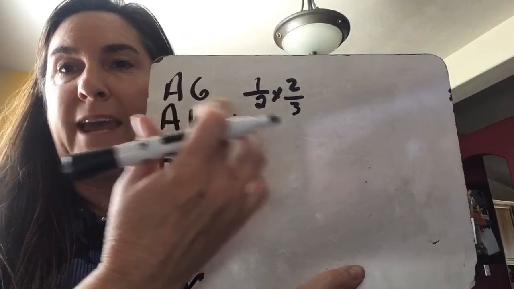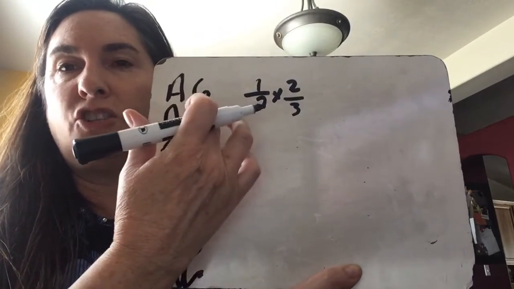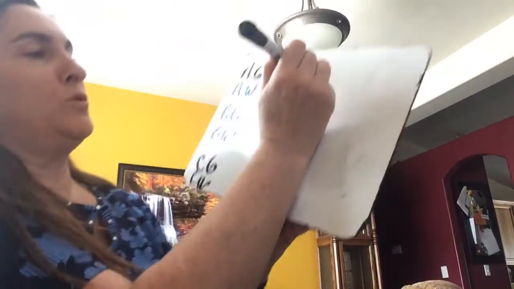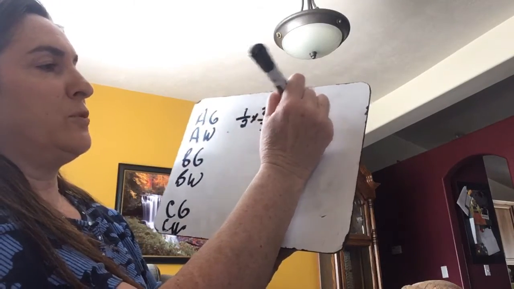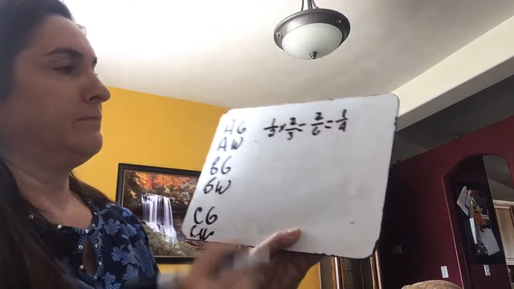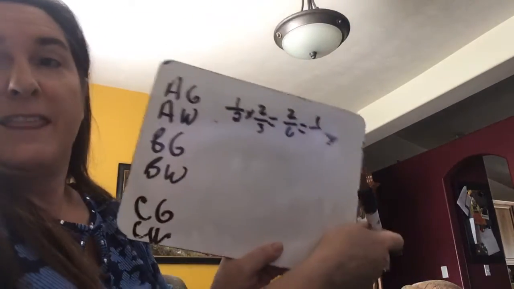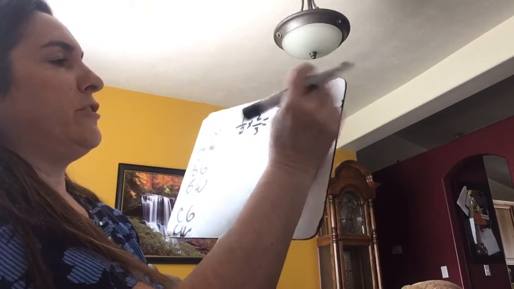We're going to do A is 1/2, G is 2/3. Now let's multiply that. We get 2/6, which equals 1/3. Thanks for catching that.